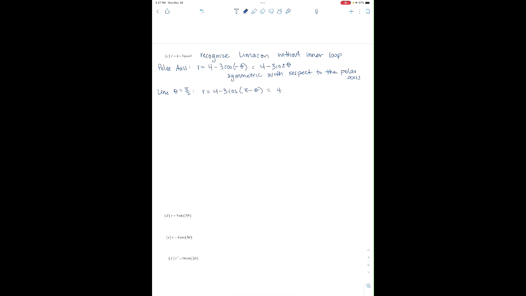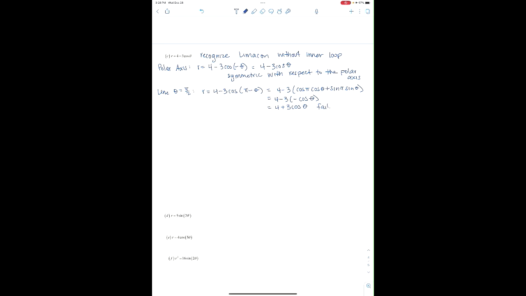We have 4 minus 3, and we have cosine pi, cosine theta, plus sine pi, sine theta. That will give us 4 minus 3, and then a negative cosine theta. So that gives us 4 plus 3 cosine theta. So that's a fail.